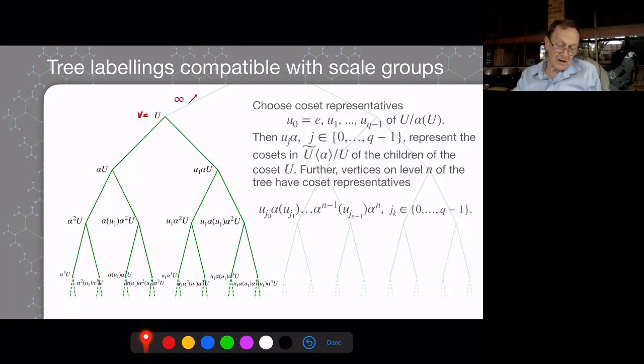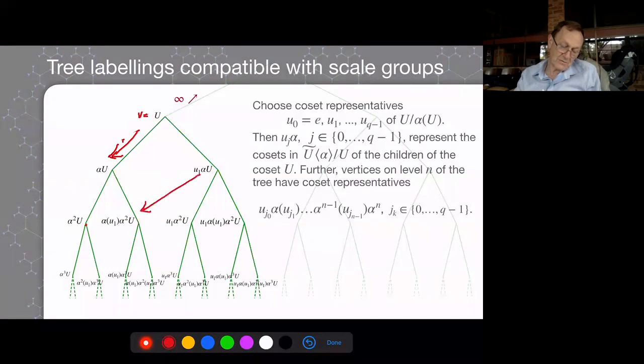And then on the next level, we have representatives of this form, because if we apply alpha, alpha pushes our tree down in this direction. And so alpha pushes alpha U down to alpha squared U, and it pushes alpha U1 down to alpha U1 alpha squared U. So our translation pushes our tree down by distance 1.